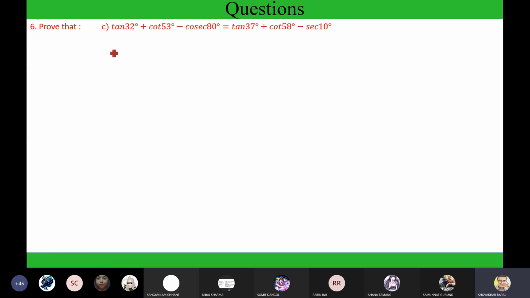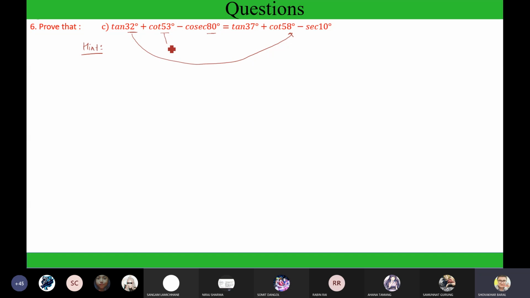I'll just give the hint for this question. Tan 32 here, the complementary pair is not on this side. So tan 32's complementary is given, that is 58 degree. It is on the right side. But 32 plus 58 is equal to 90, we can do that.